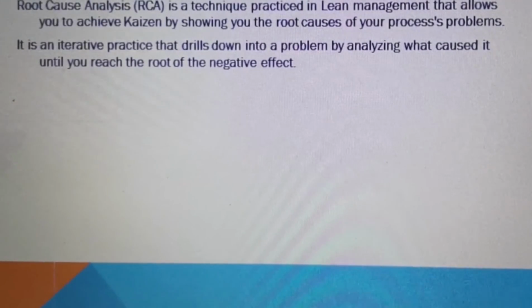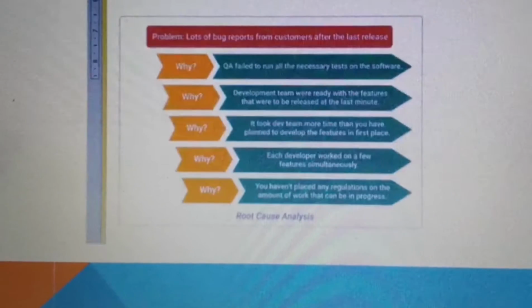Okay, so with that, as an example here, there's a problem: lots of bug reports from customers after the last release.